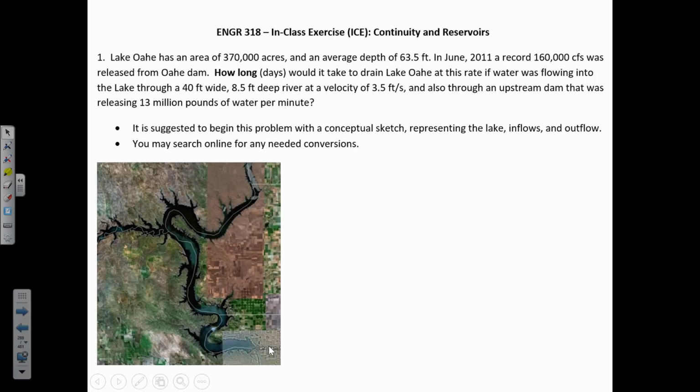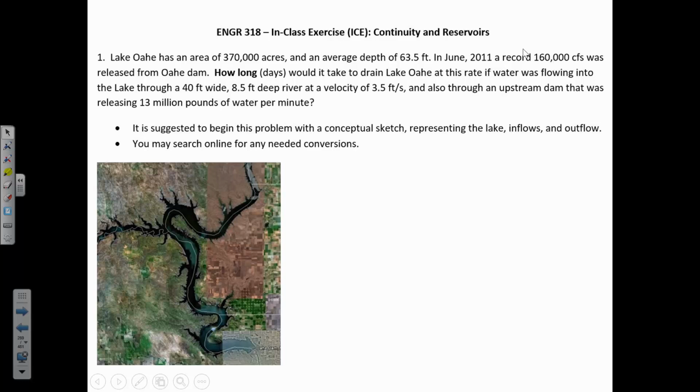And so let's look at what would happen if we had that historical flow from June 2011 when it was 160,000 CFS being released from the dam. Let's say that it stopped raining, and we wanted to find out how long would it take to drain the lake if you've got this release of 160,000 CFS.